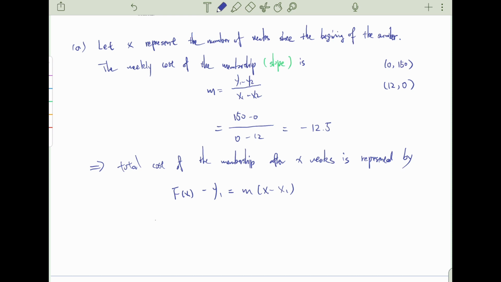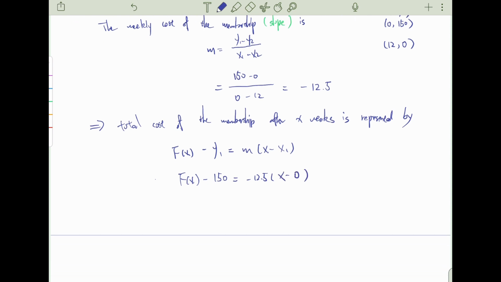So assume that this is x1, y1, that's 150, right? Equal to m, that is negative 12.5, times x minus x1, that's 0, okay? So I have right now f of x equal to negative 12.5x plus 150 as my final answer. That is the equation of the line.